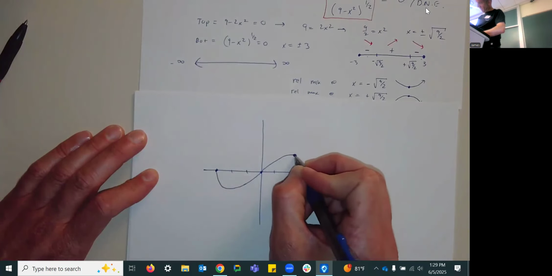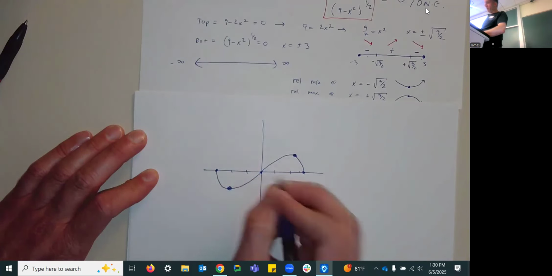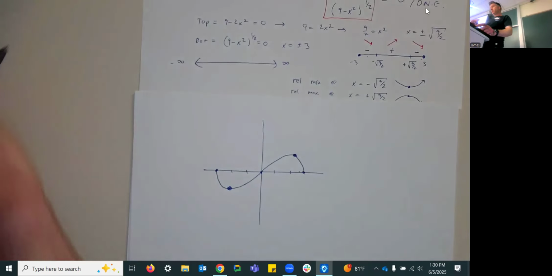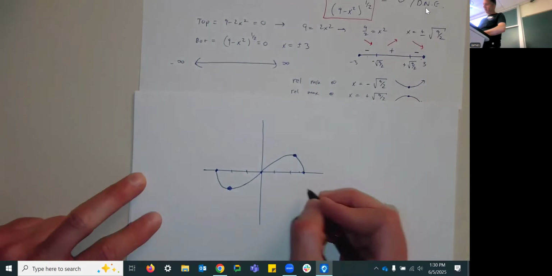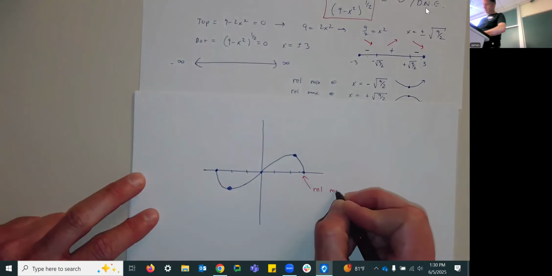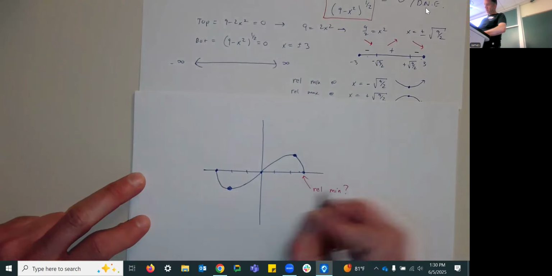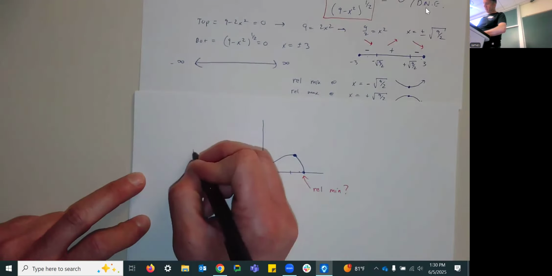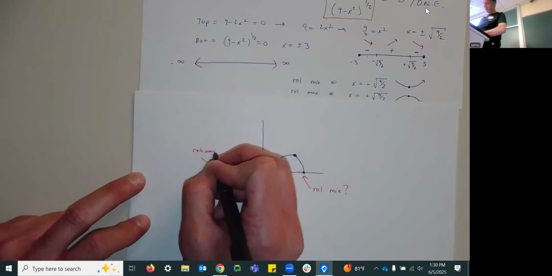And there's my relative max, my relative min. And the reason I'm sighing is because some people would probably try to argue that that is a relative minimum, and that that is a relative maximum.